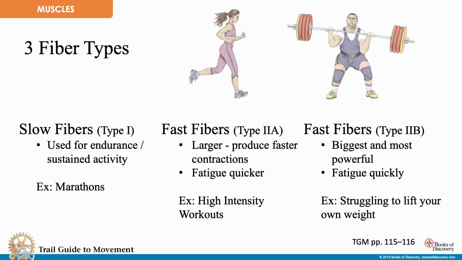And why does this matter when a client is on your table? When you find trigger points or chronic tension, it's often in the type 1 or slow fibers because they are overworked from poor posture. However, if a client comes in with a sudden pull or a strain from lifting something heavy, they're likely overtaxed from their type 2B fibers.